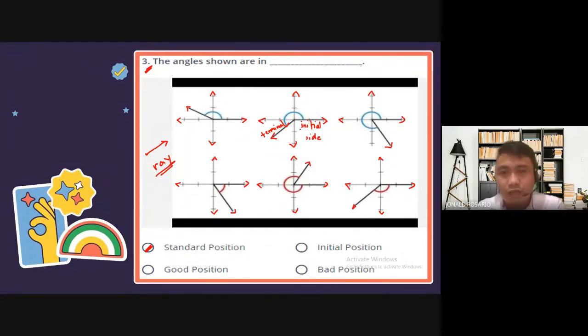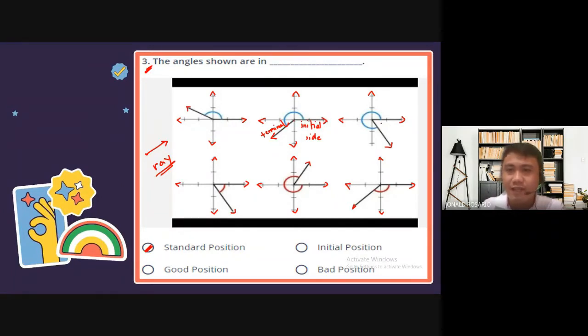Pag magdodraw tayo ng isang angle, mayroon tayong tinatawag na initial side. Ito yung parang starting side niya, at terminal side. So kapag yung angles natin ay nakalagay sa standard position, lahat ng ating mga initial side ay nag-coincide doon sa positive x-axis.